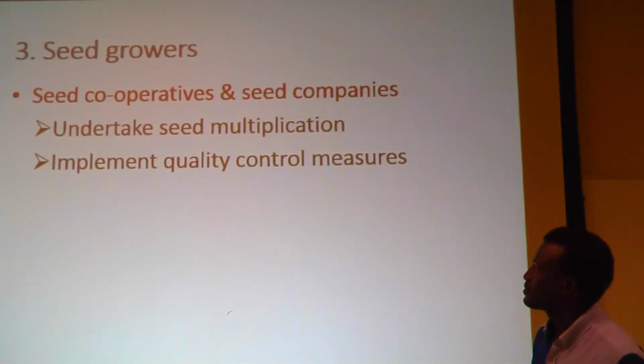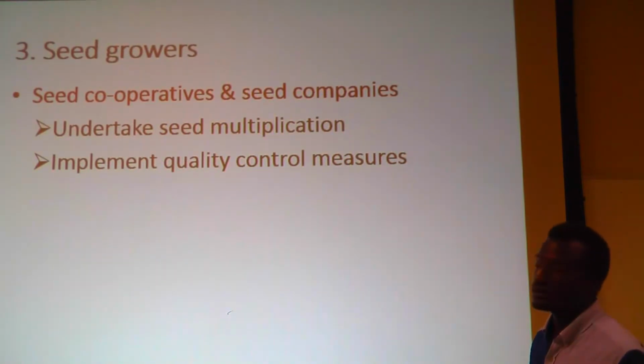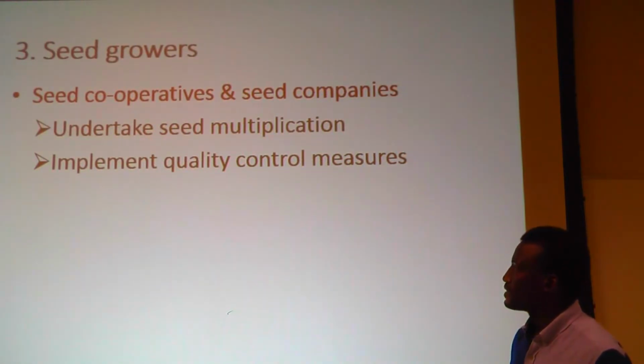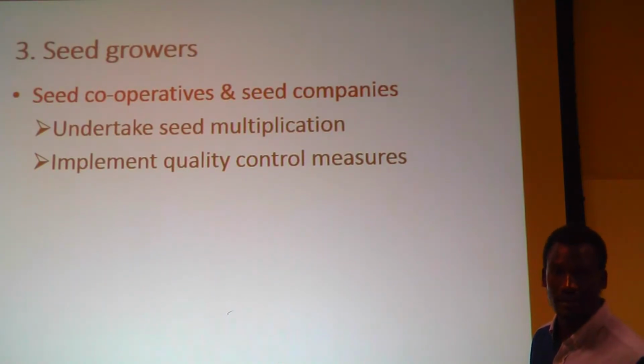Seed growers. Seed growers can be organized in form of cooperatives or seed companies, and they undertake seed multiplication. We call them seed growers. These are the ones responsible for growing and multiplying the seeds.